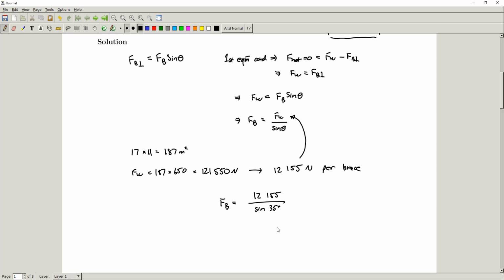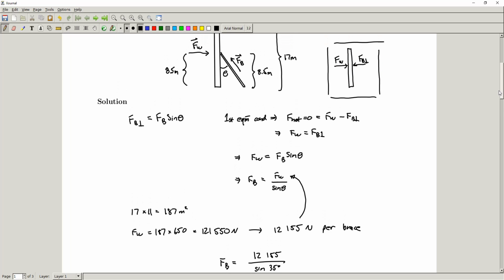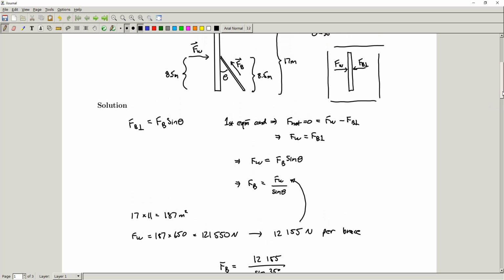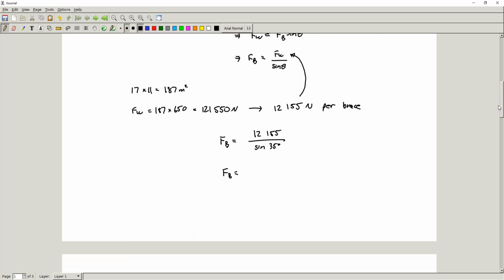If we do that calculation, we're going to end up finding that the force each one of these stakes is exerting in that direction, upwards and to the left, is about 21,000 newtons. I've done some rounding there. Obviously, I think it would be like 21,190 or something. But basically, that's the answer to our question.